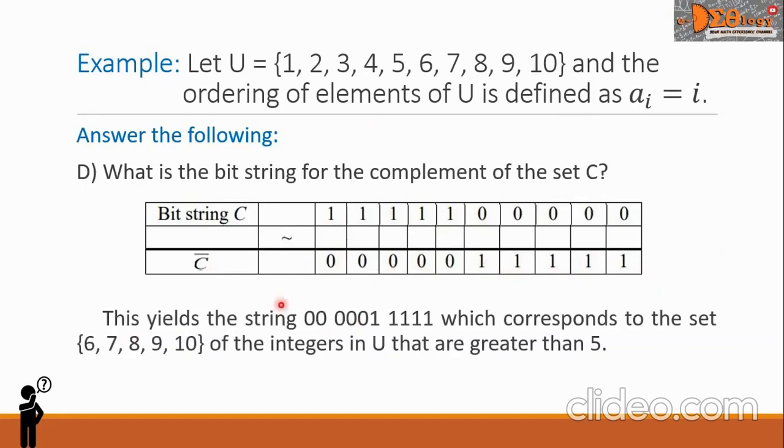This yields the string 0 0 0 0 0 1 1 1 1 1, which corresponds to the set 6, 7, 8, 9, and 10, the integers in U that are greater than 5. This is the final answer.